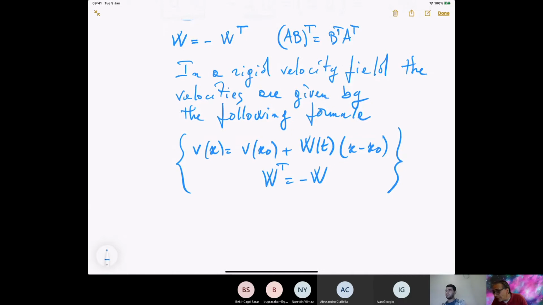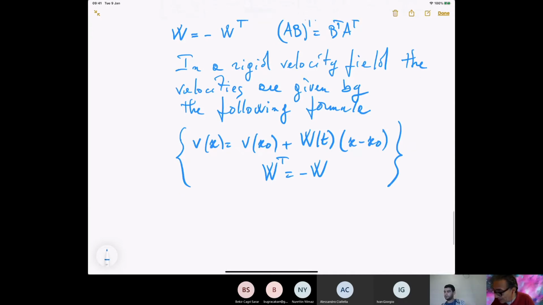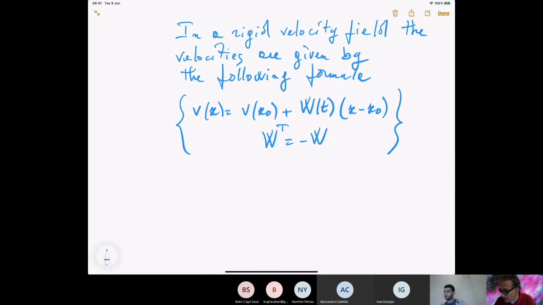I need to add another ingredient, even if I don't like this extra ingredient too much, but probably you are familiar with this. So we must introduce the so-called Gibbs cross.